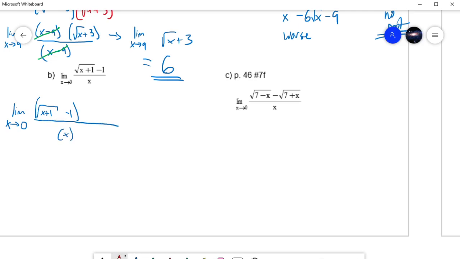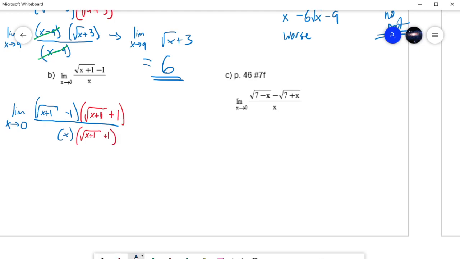The conjugate here is the exact same thing, but a different operator in between the two terms. Don't change this, because we're not changing the terms themselves. We're changing the operator in between the terms. And of course, if we do that to the top, we have to do it to the bottom as well.